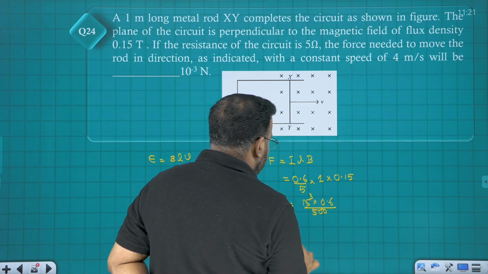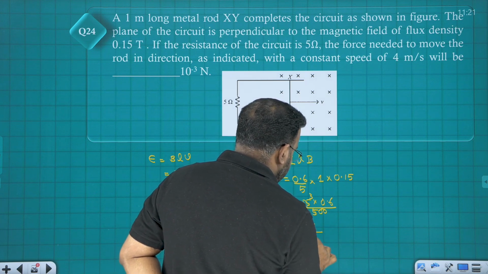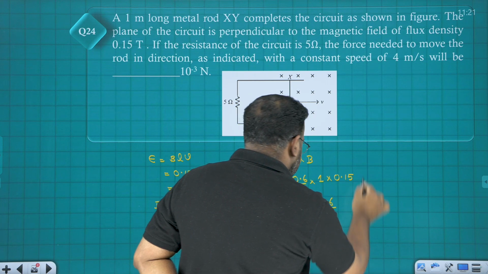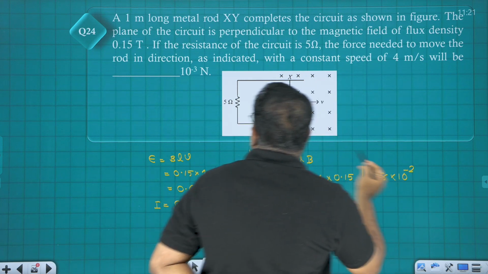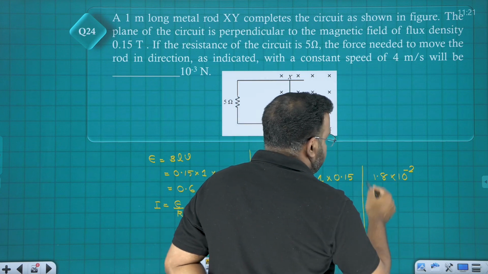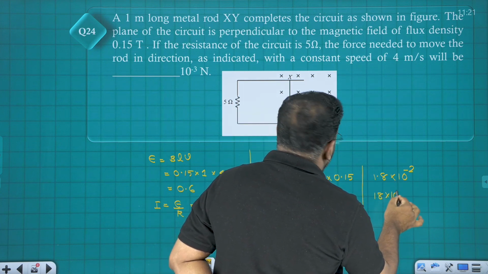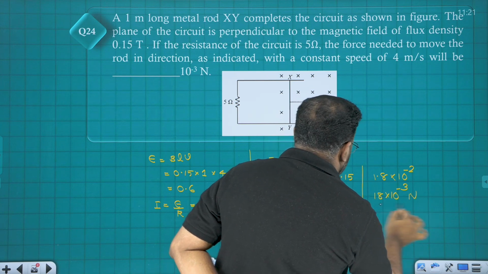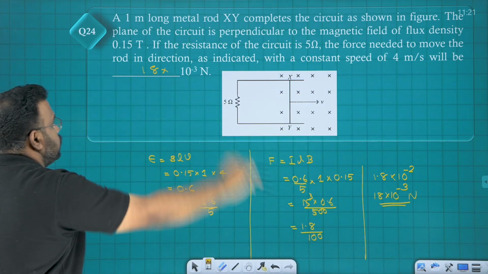So 3 into 0.6 is 1.8 divided by 100. So this is equal to 1.8 into 10 to the power minus 2. But we need the answer in 10 power minus 3. So it is 18 into 10 to the power minus 3 Newton. 18 is the answer.